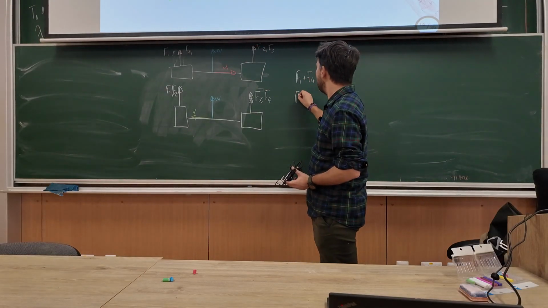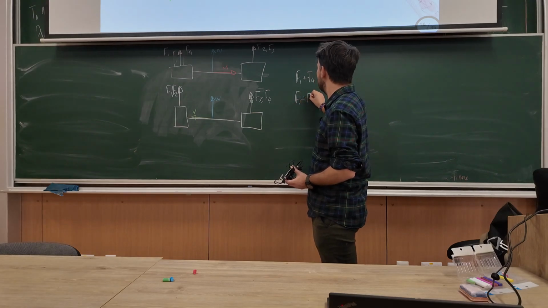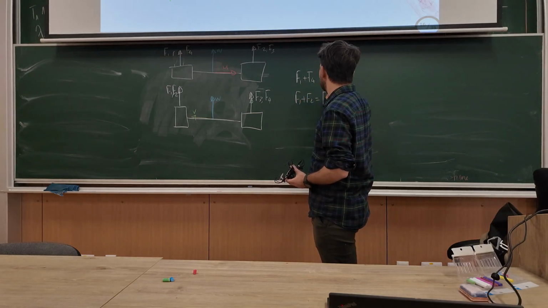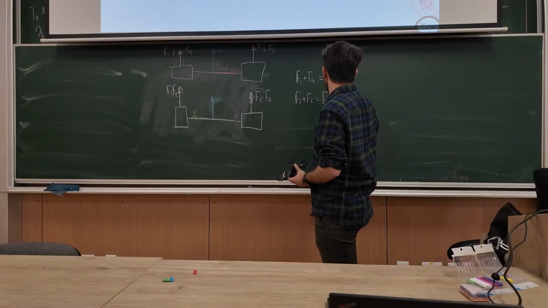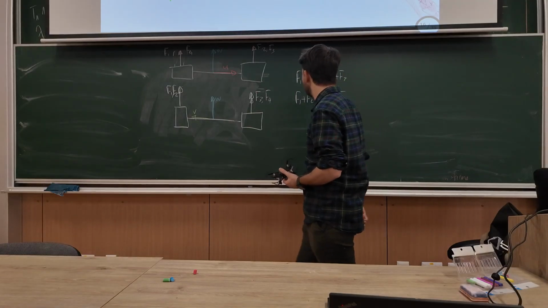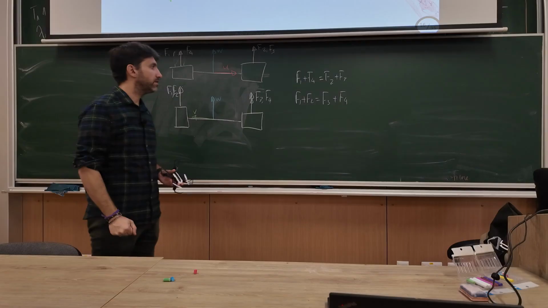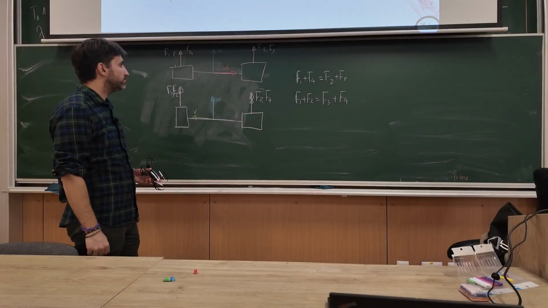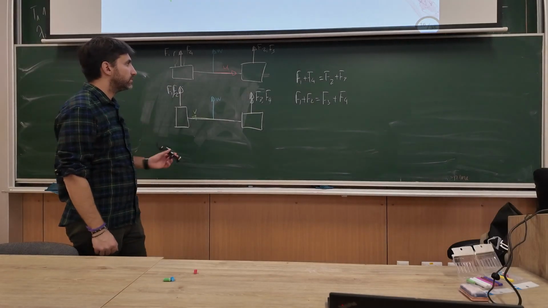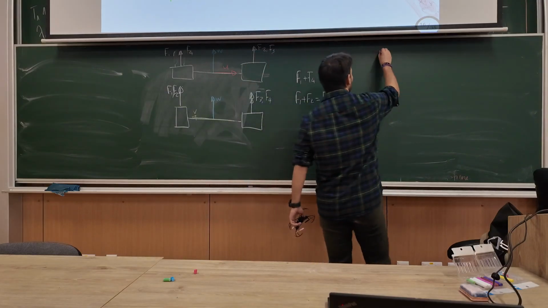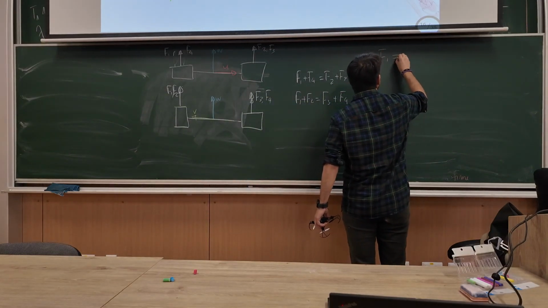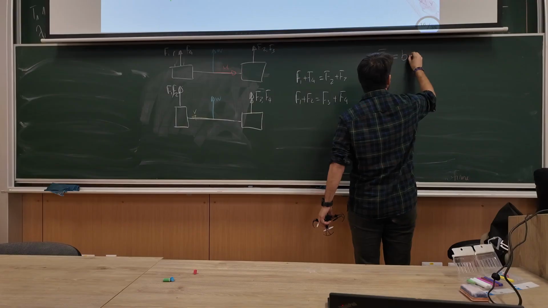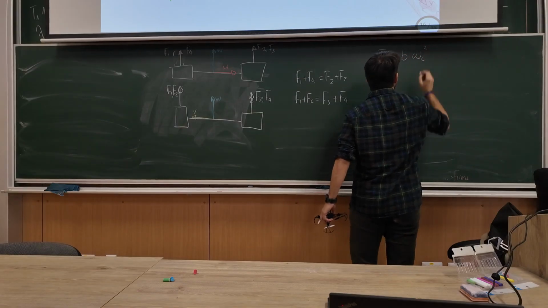And then I have to have F1 plus F2 equals F3 plus F4, right? Now I remind you that Fi was B times omega i squared.